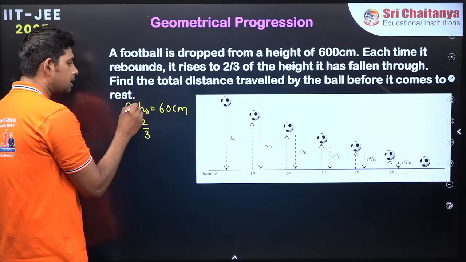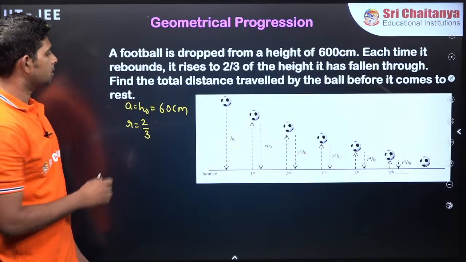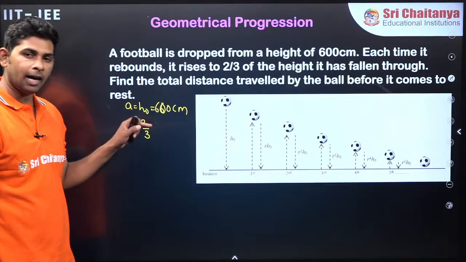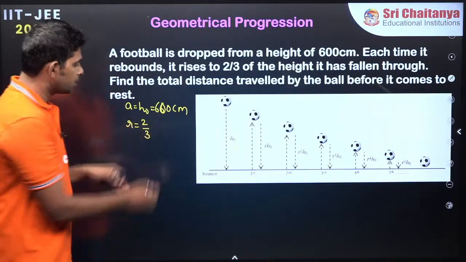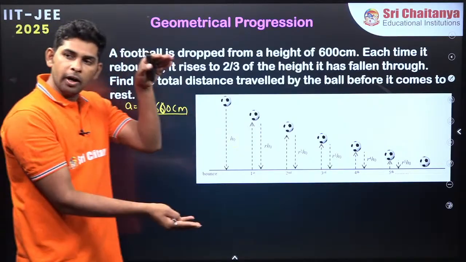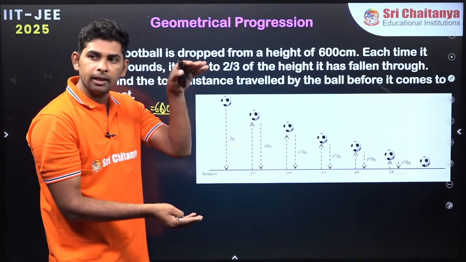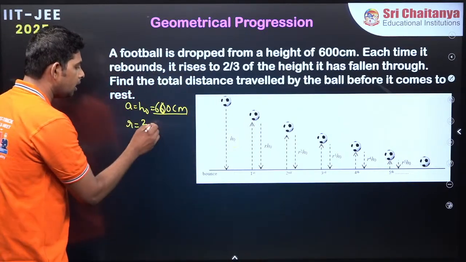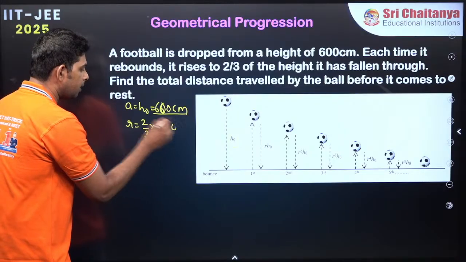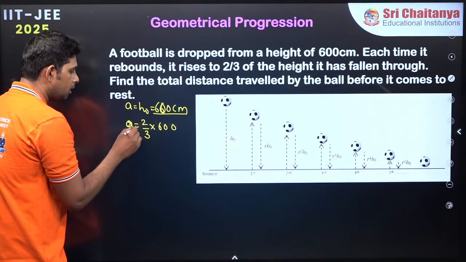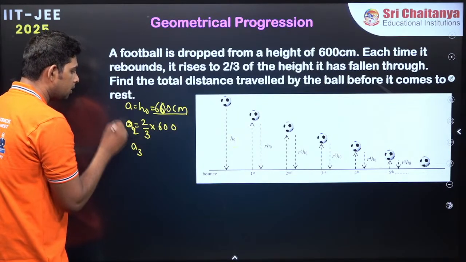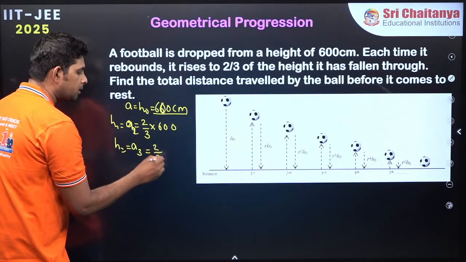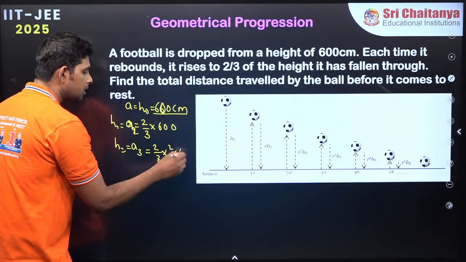Let us say A is equal to 600 centimeters, and R is 2/3 of the height, because this total height is there. Again, it is going to give us 2 by thirds of the height, right? Now the next one here, again 2 by thirds of the height. That is H1 there, and H2 if I take, is going to be 2 by thirds of 2 by thirds into 600.